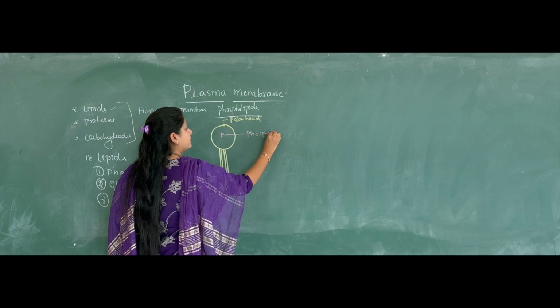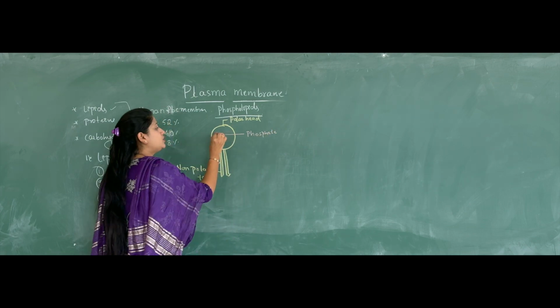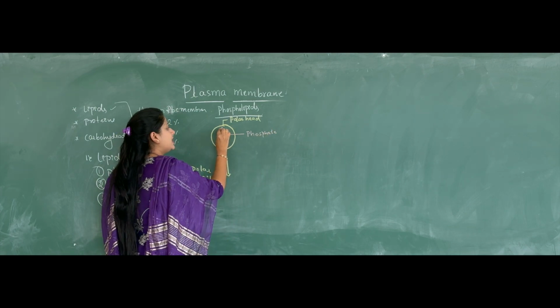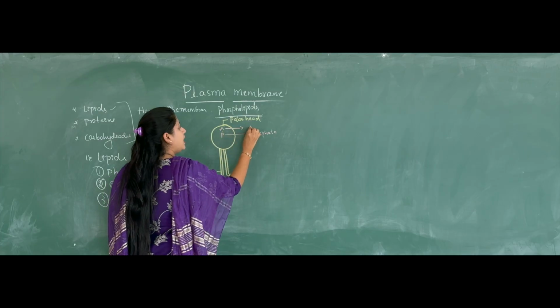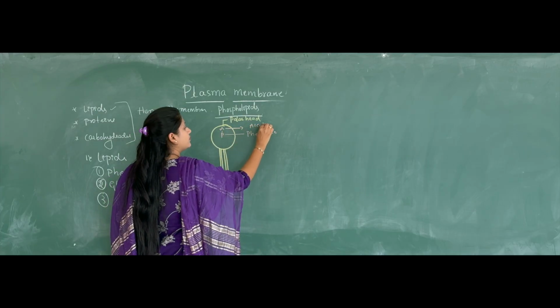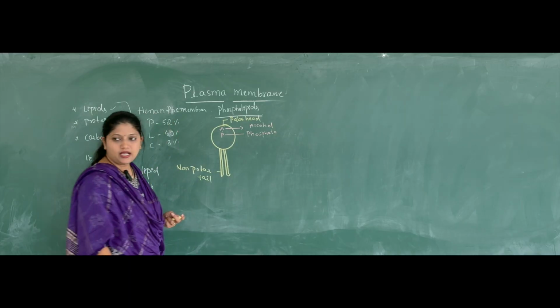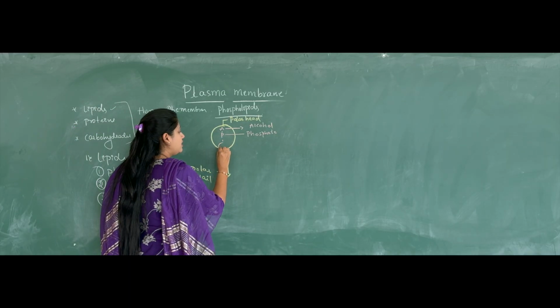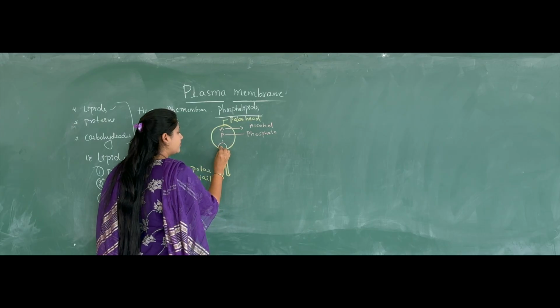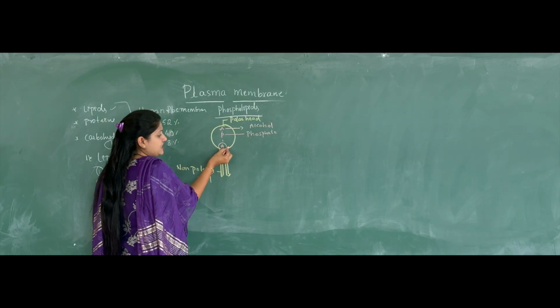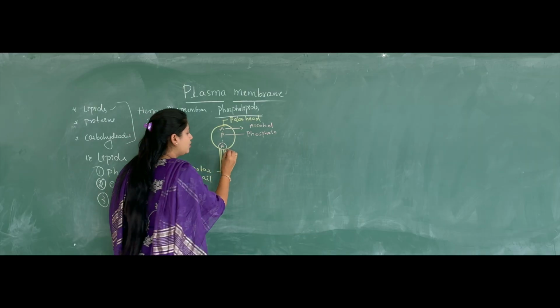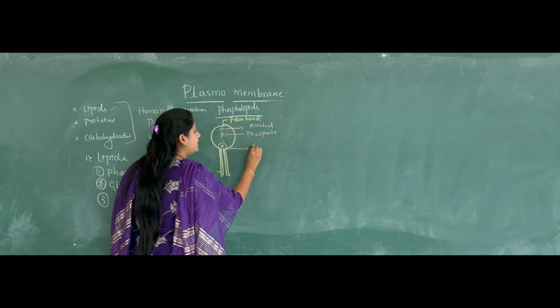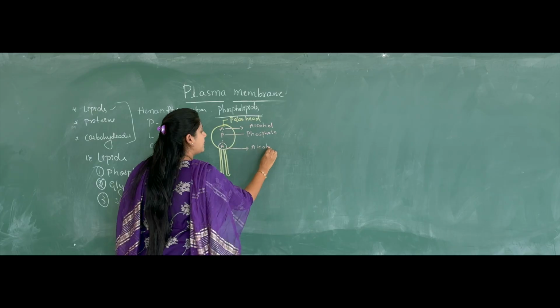Phosphate, okay. Attached to this phosphate there is an alcohol. There is an alcohol and now there is one more alcohol here which is linking the head and the tail. Okay, another alcohol which is linking the head and the tail.